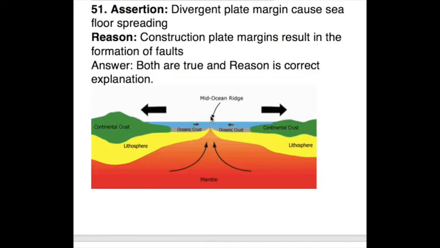From this mid-oceanic ridge it is moving in the right direction, and here it is moving in the left direction, and that is called divergent of the plate. Once the volcanic eruption happens, it cools down and makes a plate, that is, it constructs the plate.